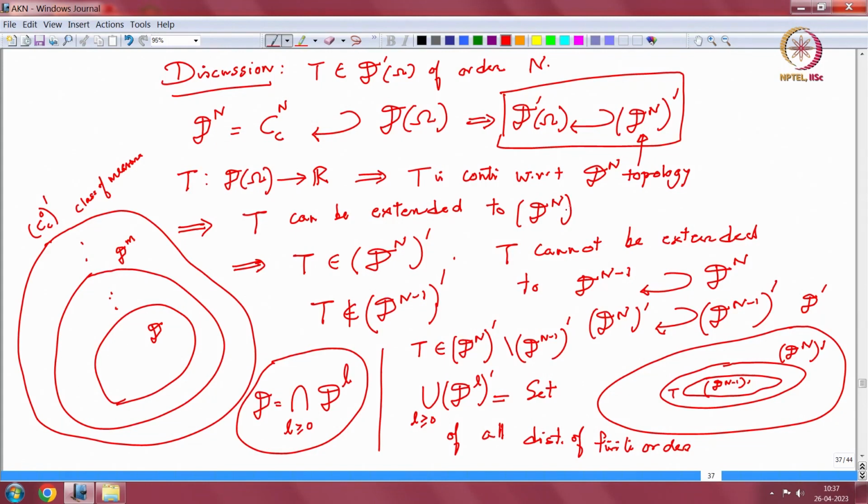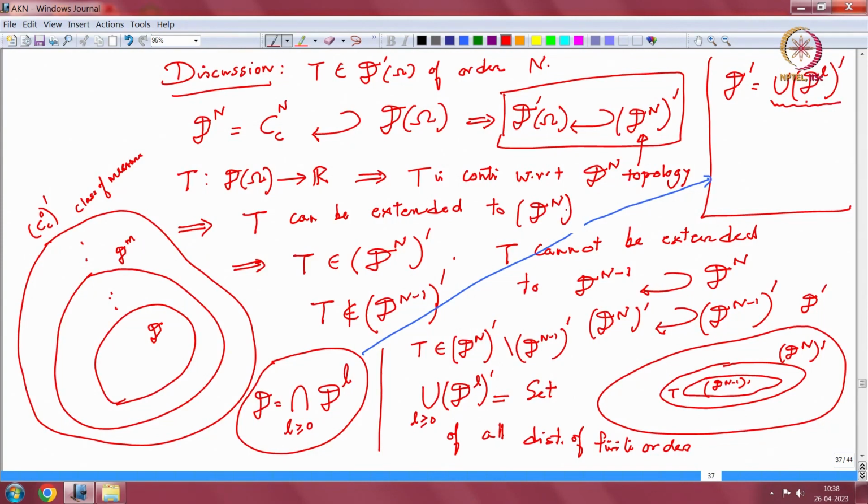So let me write it here. I want to see whether you get this one: your D prime, this is the question, do I get the union of D^l prime? And that is wrong, because this is all distributions of finite order.